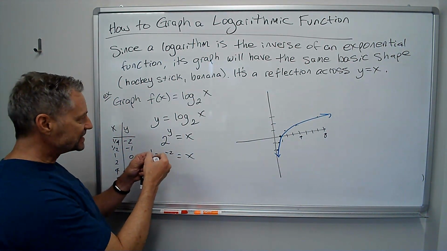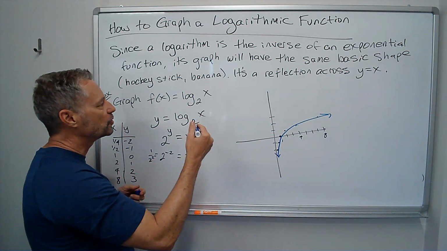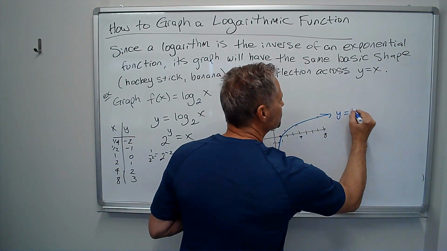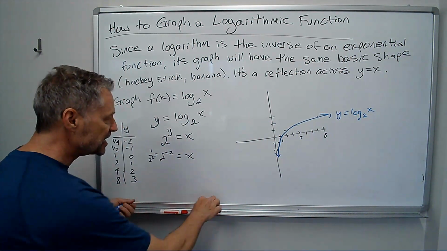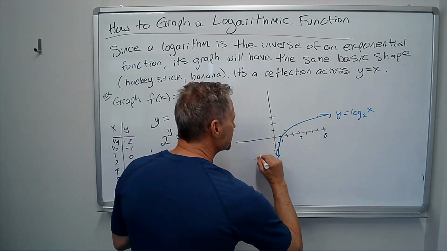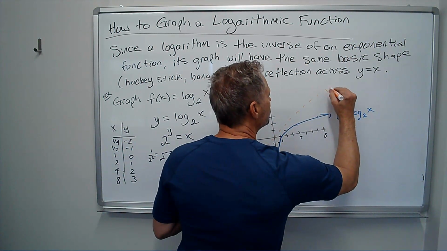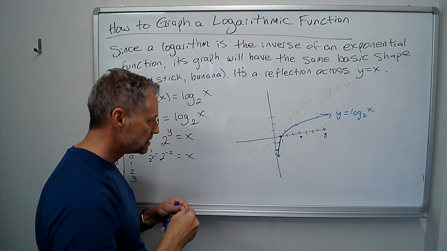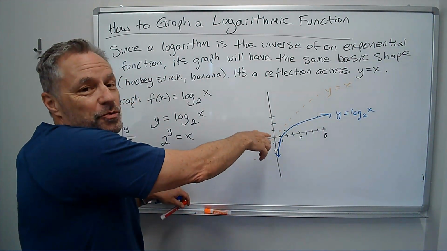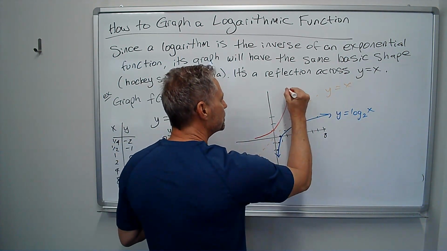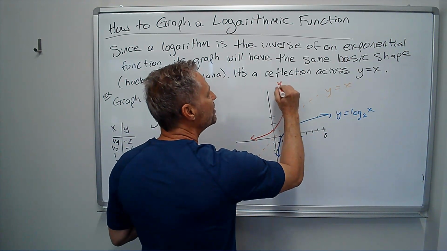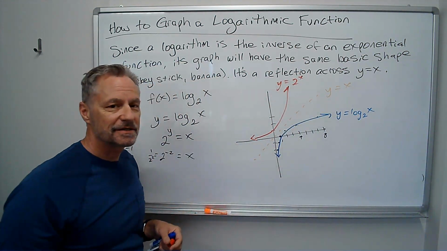That's the graph f of x, or y equals log base 2 of x. And when I was talking about the reflection, if I draw this line here, y equals x, the graph that's the reflection of that, which would look like this, that's our graph y equals 2 to the x.